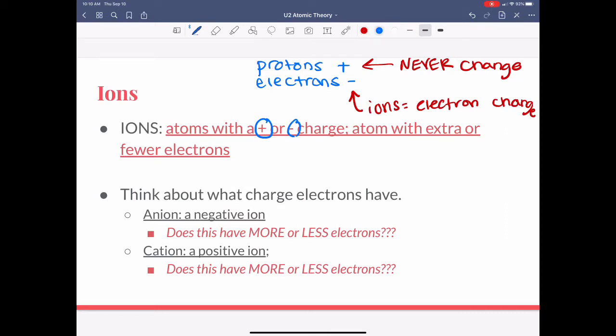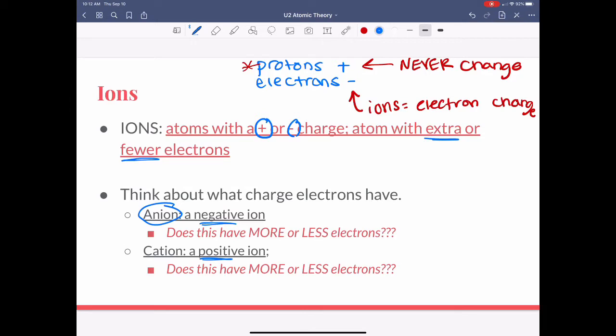Ions are atoms with extra or fewer electrons compared to their neutral atom. Whether you have extra or fewer electrons leads you to either a negative ion or a positive ion. Let's take a look first at negative ions. We call these anions.